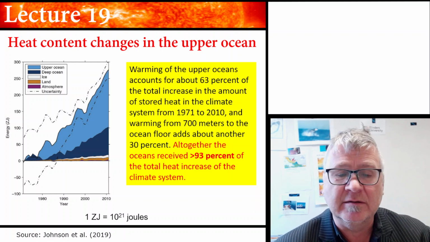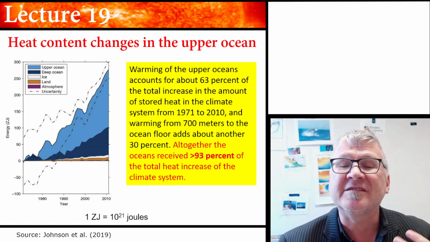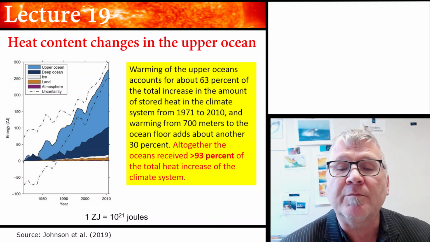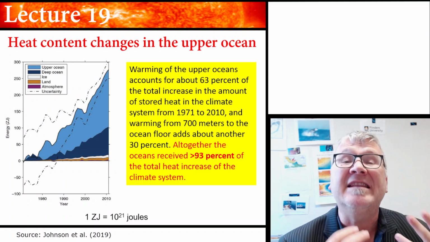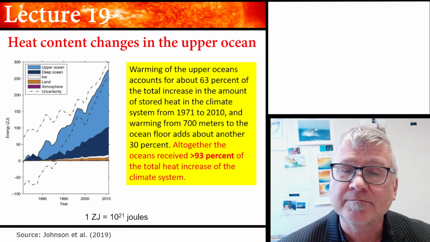This is from this particular study, and warming from 700 meters to the ocean floor is about another 30%. So altogether, the oceans receive more than 93% of the total heat increase of the climate system.